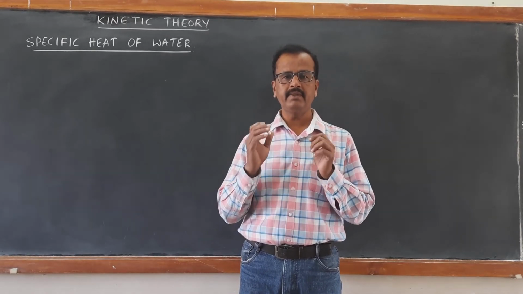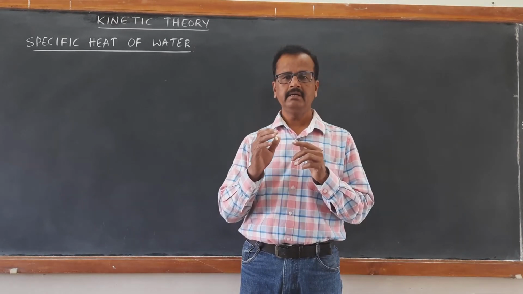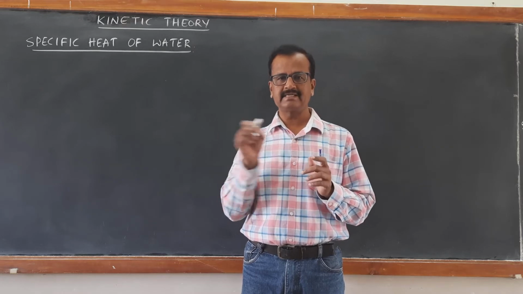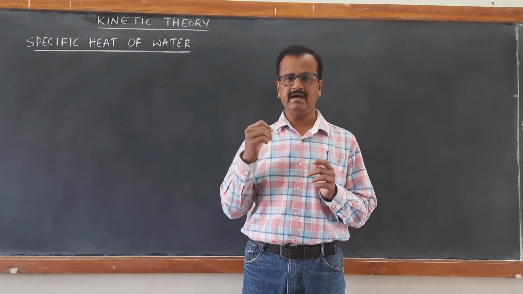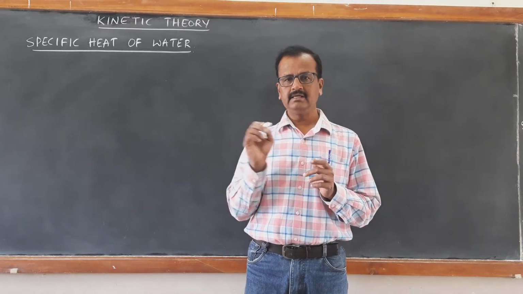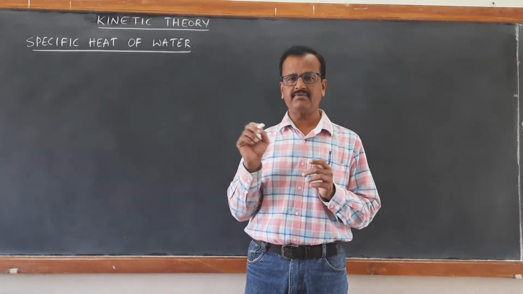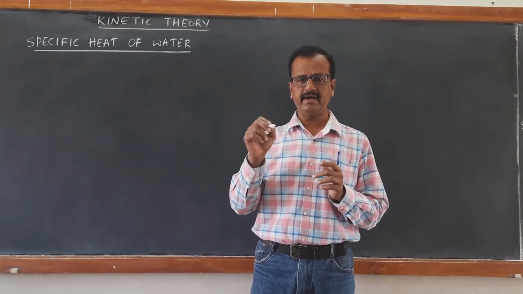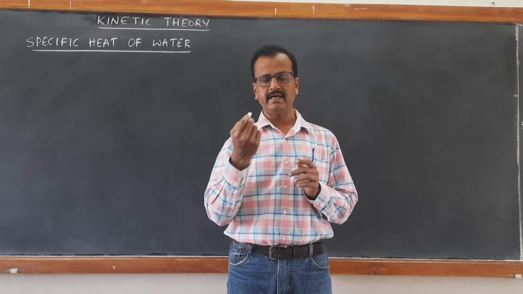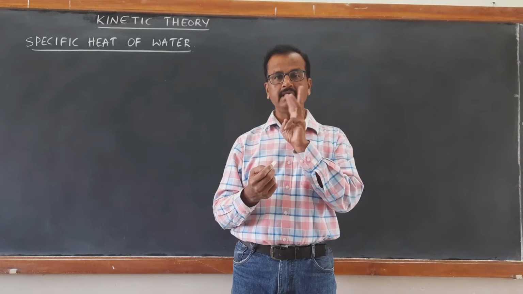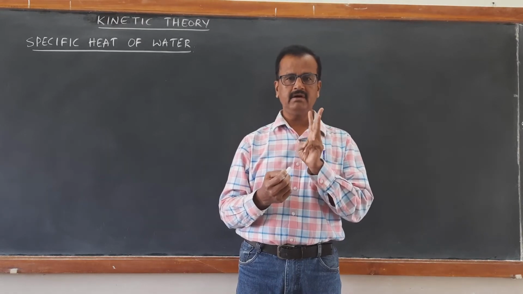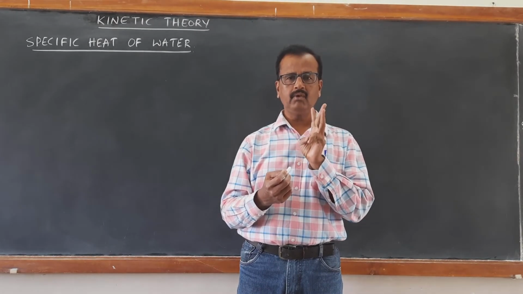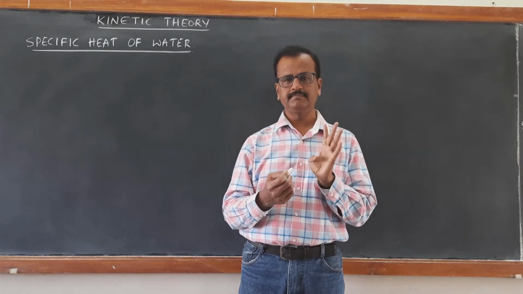When the atom is capable of vibrating in 3 dimensions, about the x-axis, y-axis and z-axis, each vibrational mode has half kBT, which contributes 3 kBT. So the average energy of an atom in a water molecule is 3 kBT.